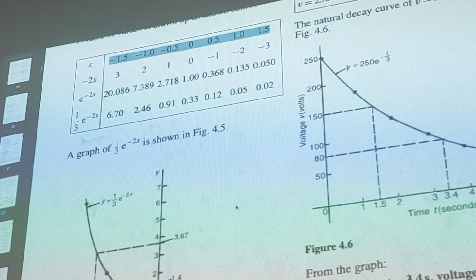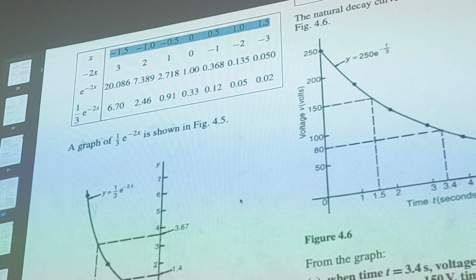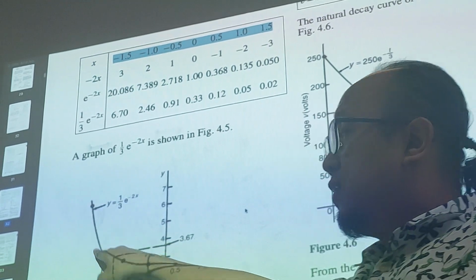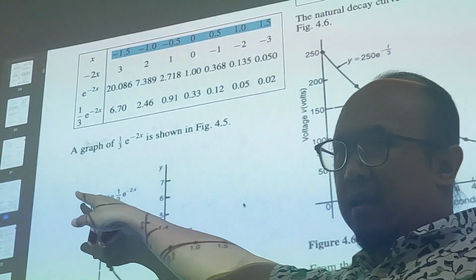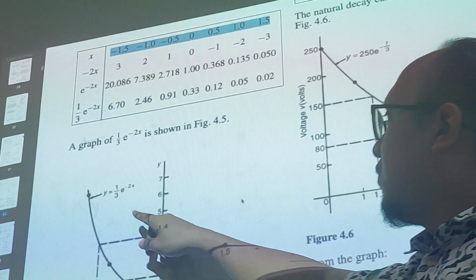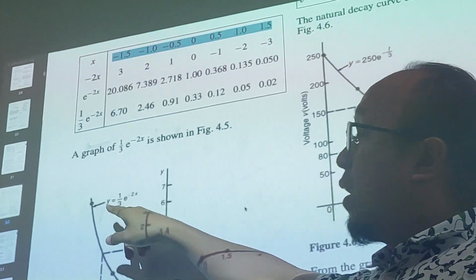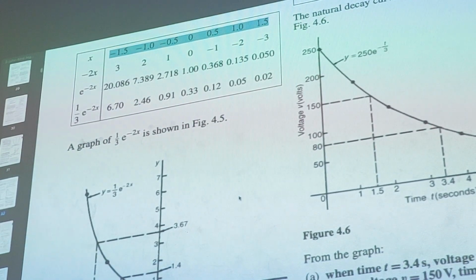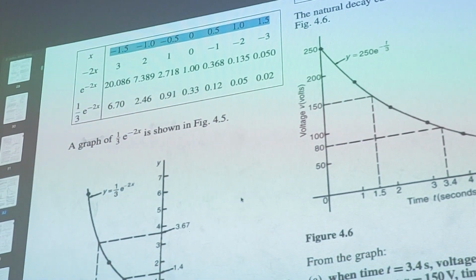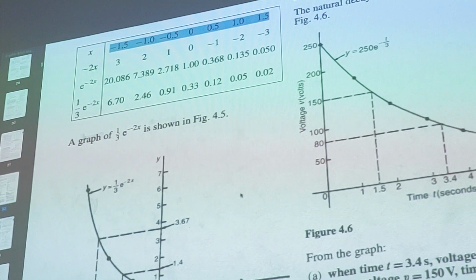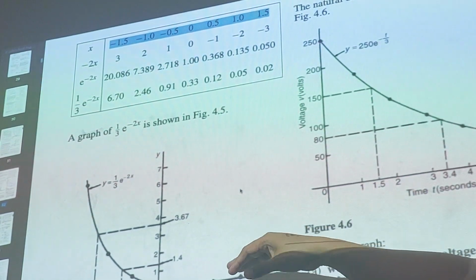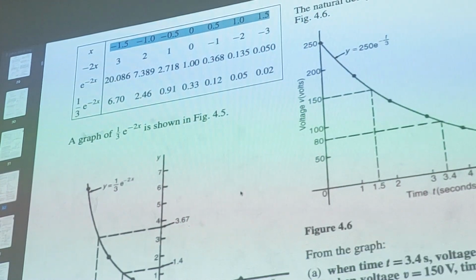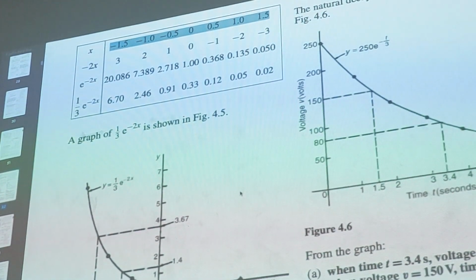After that, you can plot the dots and connect them with a single line, and you will get the graph of y equals 1/3 multiplied by a to the power of minus 2x. I think it's easy to see this graph, but the process takes a lot of time.